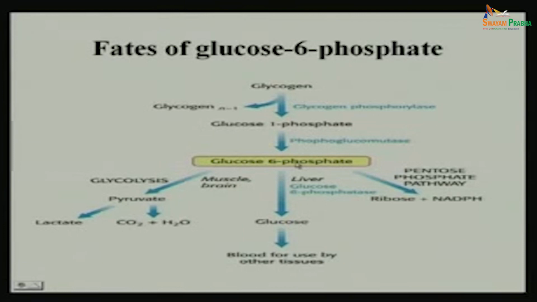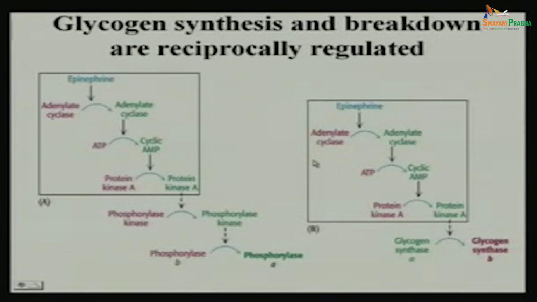Glucose 6-phosphate can also enter the pentose phosphate pathway, where, as we have learned, it is converted to 5 carbon ribose sugar and NADPH. So, this is the overall fate of glucose 6-phosphate in the cell.